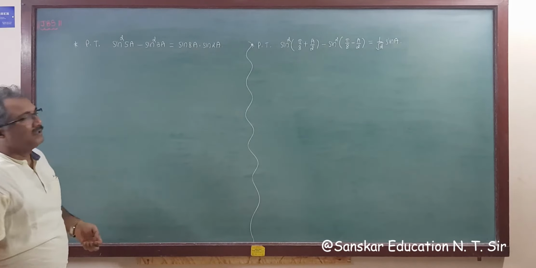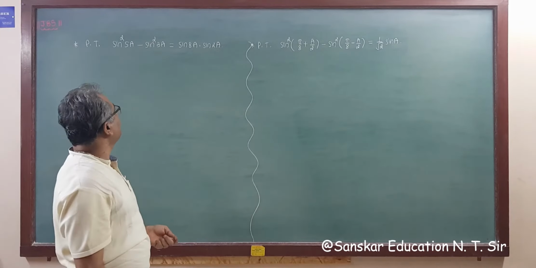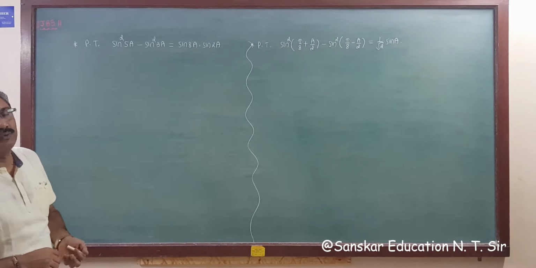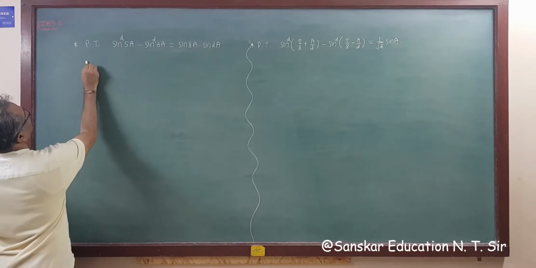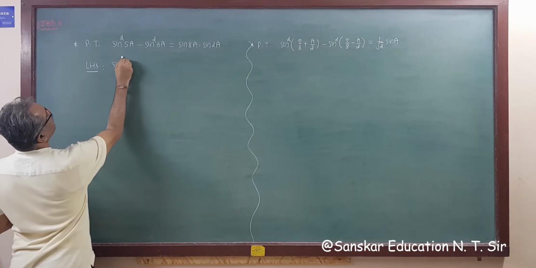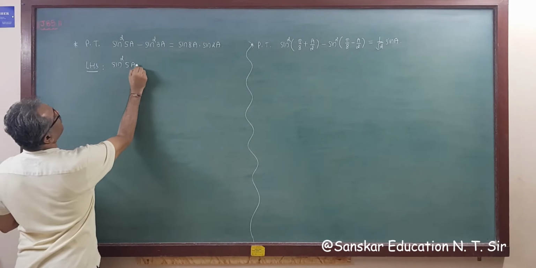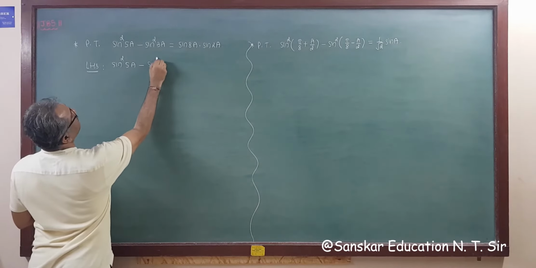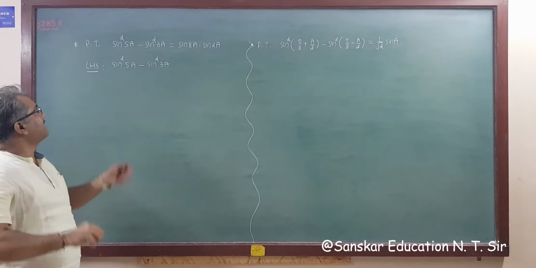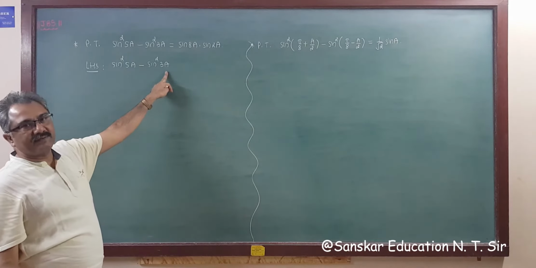Now, sum: sin square 5a minus sin square 3a is equal to sin 8a into sin 2a. We have to prove this, right? So taking the left hand side, given sin square 5a minus sin square 3a. Now this is sin square a minus sin square b.